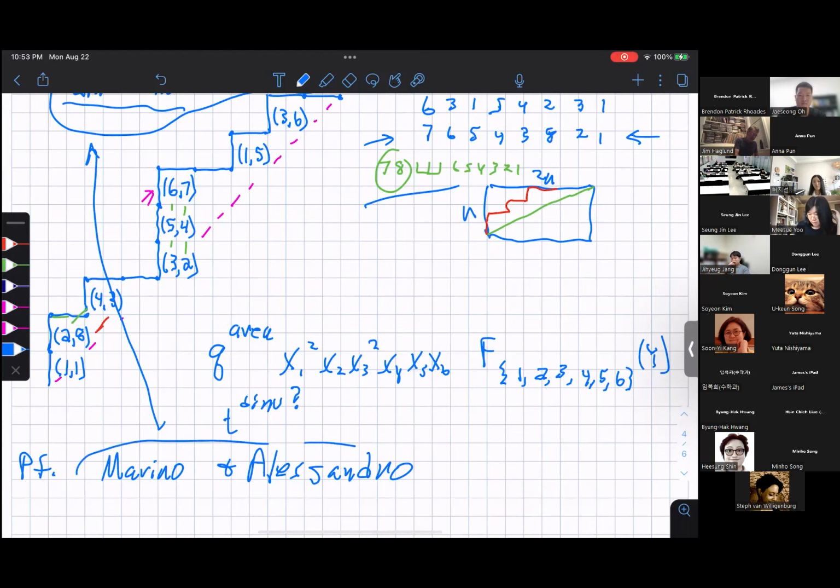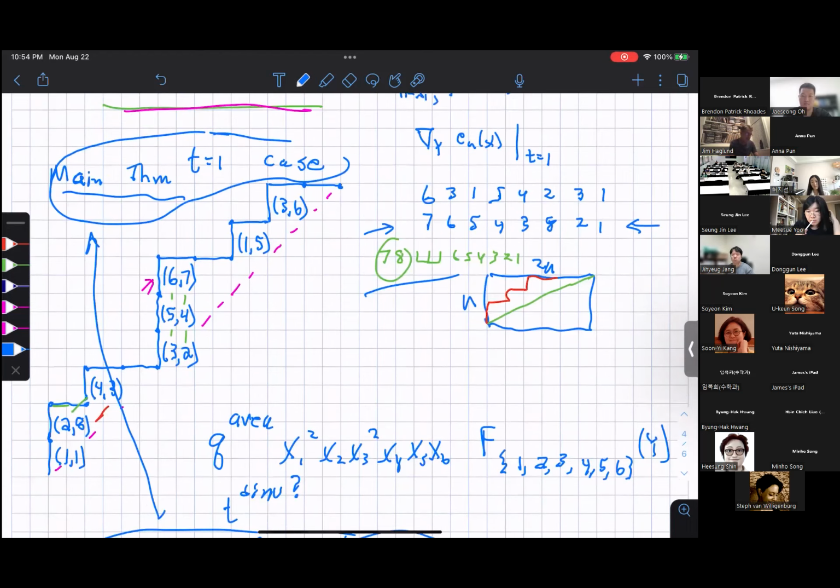But anyway, Marino and Alessandro really went to town. When you have all these Nabla operators, it seems to be kind of a natural generality where Marino's method applies. So they have all these intricate bijections combined with complicated application of theta operator identities to finally prove this theorem.